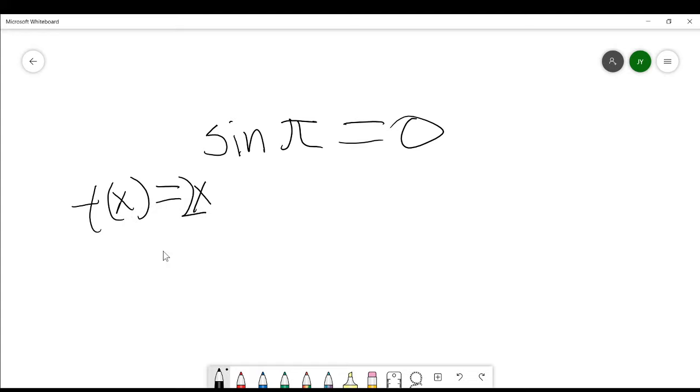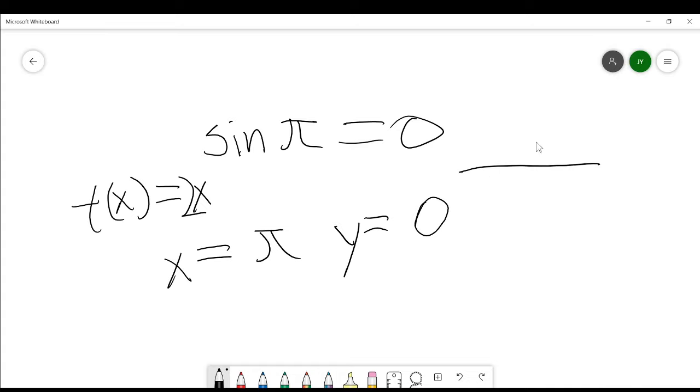In this case, the x is pi, and the y here is 0. So the graph of sine looks like this, right? More something like a wave, and so on and on. Arrows pointing out to each side.